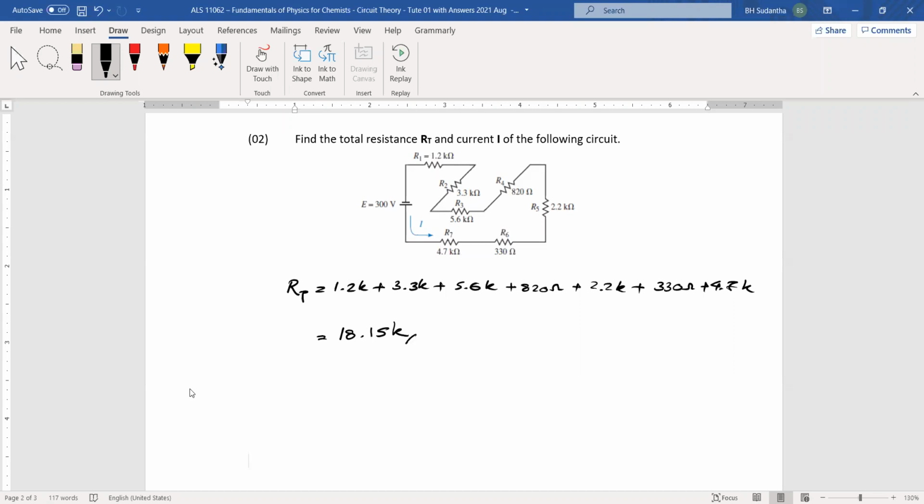Okay, total resistance is this, and I, the circuit current, going through this direction. I equals, here the voltage is 300 volts, 300 volts divided by RT, 18.15K.